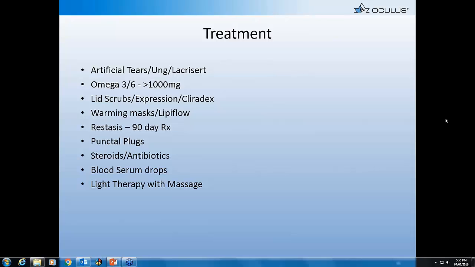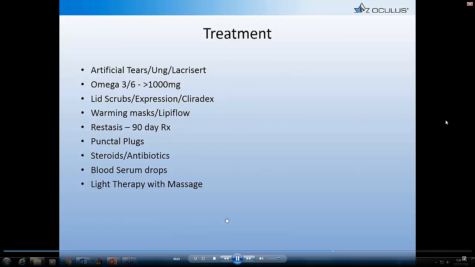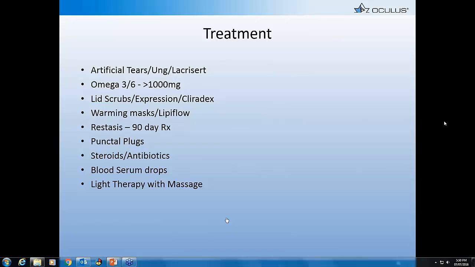What I typically start patients out on is artificial tears and some kind of omega-3 supplement. And I'll tell you what, folks, what I have found with the omega-3 supplements is that within 2 weeks, I typically can get anywhere from a 10 to 20 point drop with the TearLab.